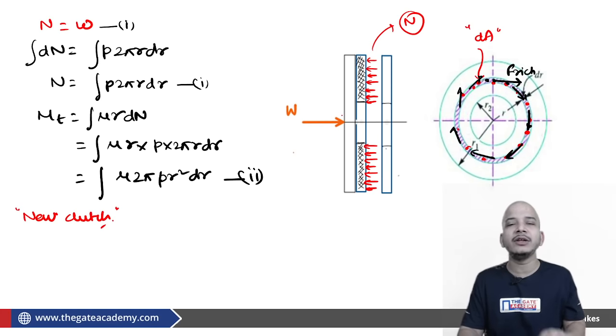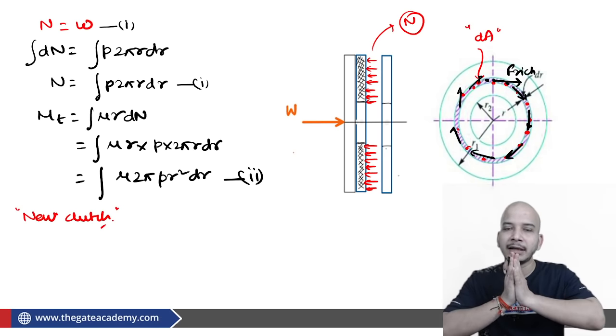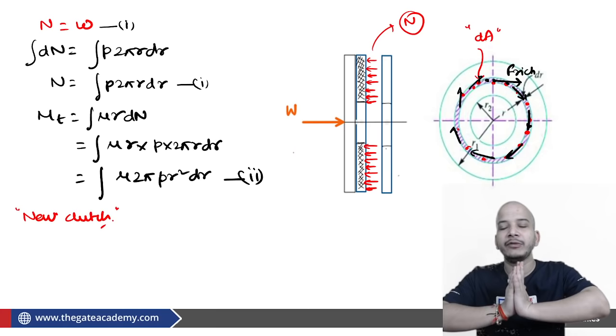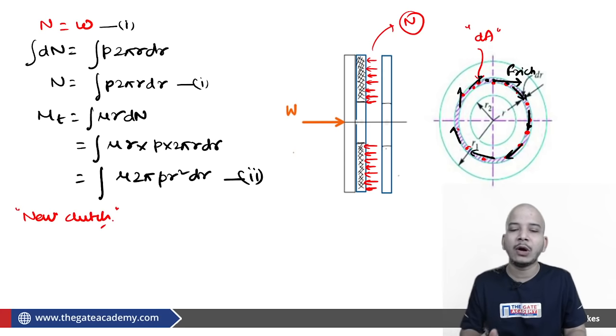Because the thickness of the friction lining is the same throughout, from Ri to Ro. Therefore, whatever contact they have, the intensity of normal action will be the same throughout the area. So for a new clutch the pressure will be constant, and this theory is called the uniform pressure theory.